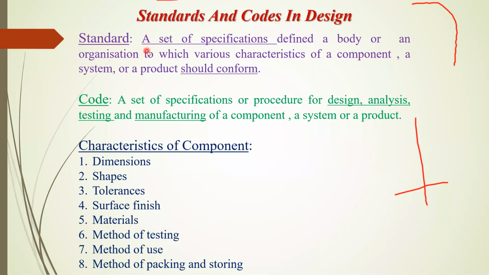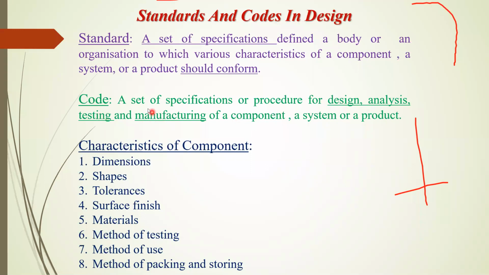A standard is a set of specifications defined by a body or organization, to which various characteristics of components, systems or products should conform. Standards are used only for specific component dimensions or system dimensions, while a code is a set of specifications for design, analysis, testing and manufacturing.